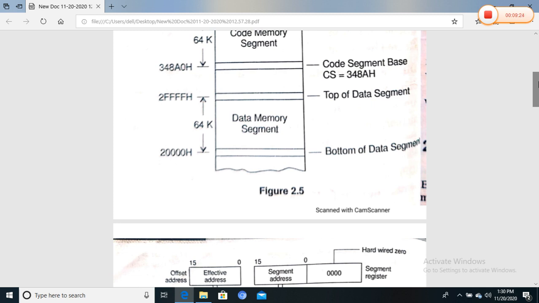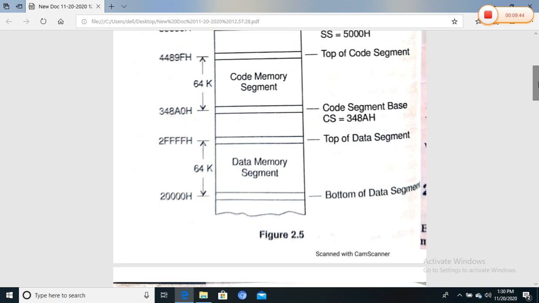The 20-bit physical address for the code segment memory starts at 348A0H. But the base address for that code segment memory is always present in a segment register.